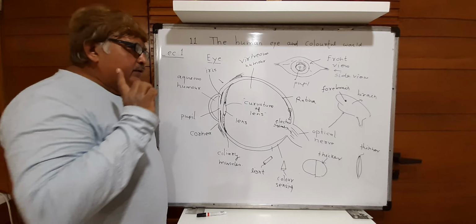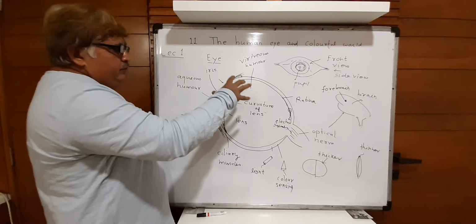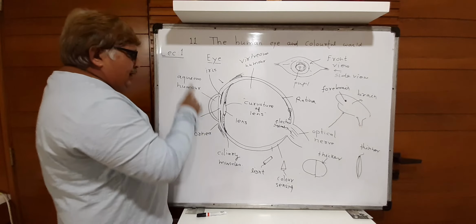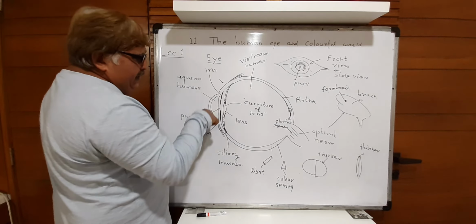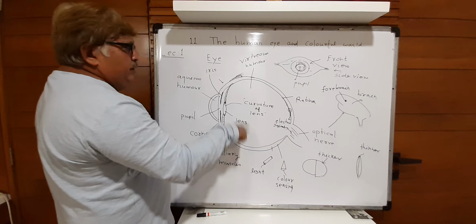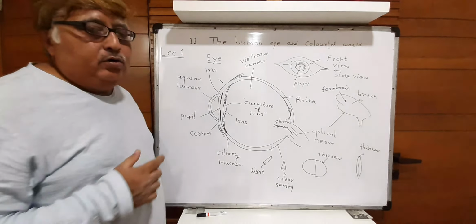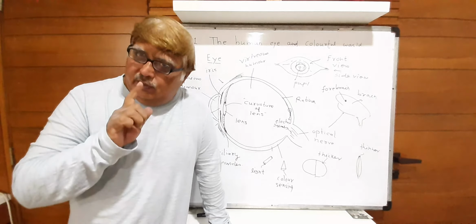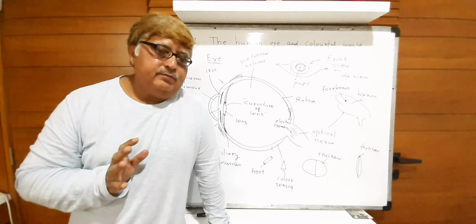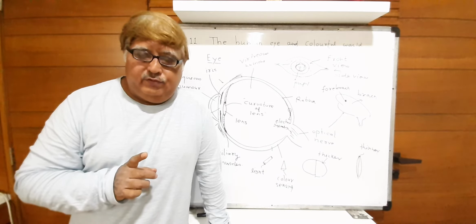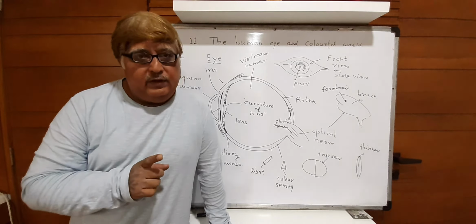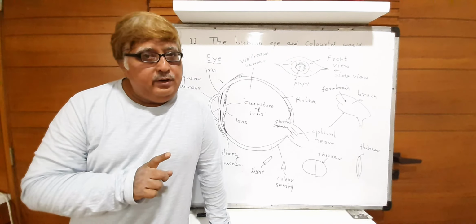Okay, now my dear student, try to understand. After discussing in detail the structure of the eye, if any part of the eye, either cornea, aqueous humor, iris, pupil, ciliary muscle, lens, retina, optic nerve, or vitreous humor, any part of the internal structure of the eye gets damaged, even one part, then it results in impaired vision.